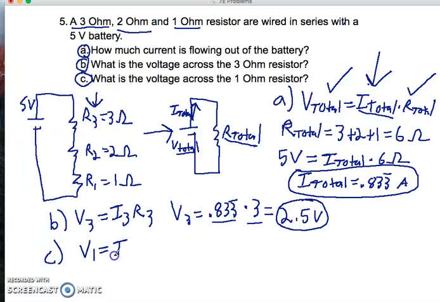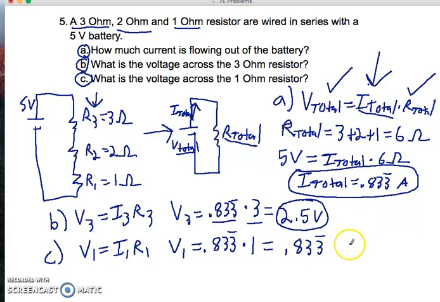V1 is equal to I1 times R1. We're looking for the voltage, but we do know the current is the same everywhere, and we know the resistance is 1. It's going to be 0.833 repeating volts.